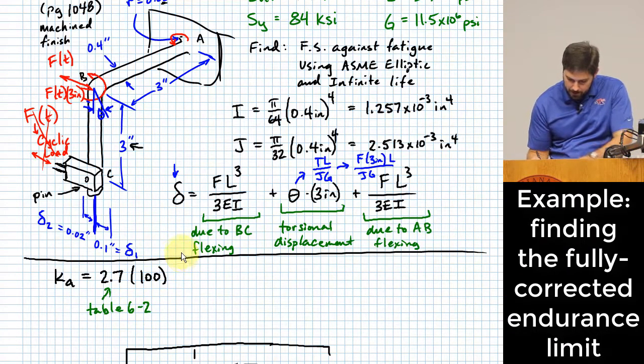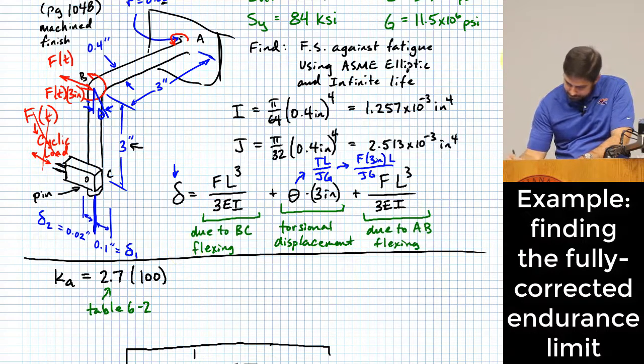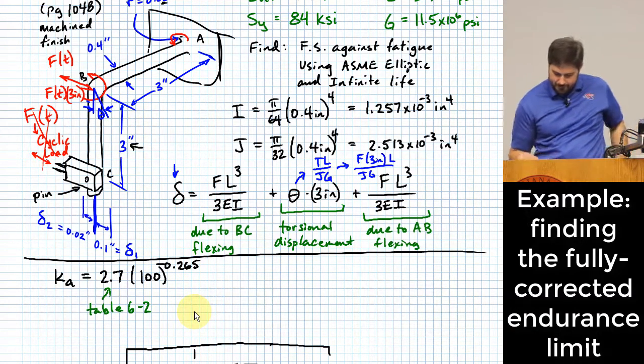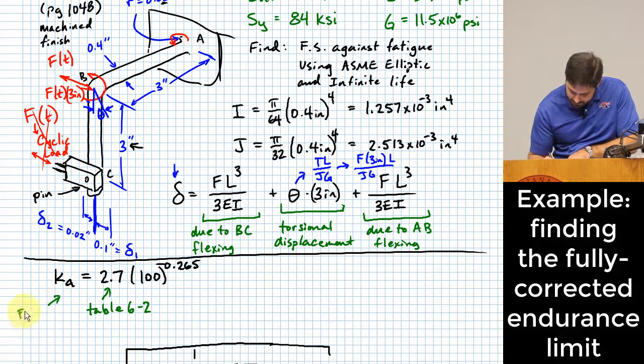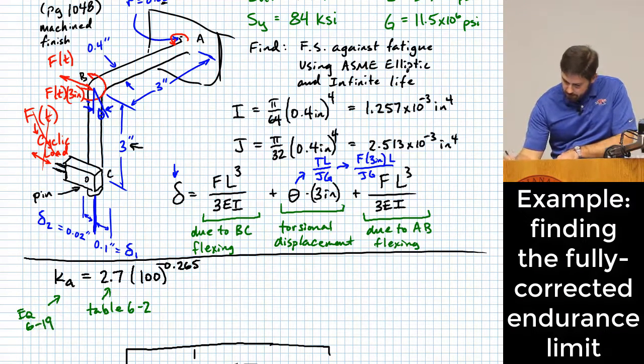And the exponent up here will also come from table 6.2, to the negative 0.265. Okay, this whole equation is equation 6.19. And what we get out of it is the surface factor is going to be 0.797.